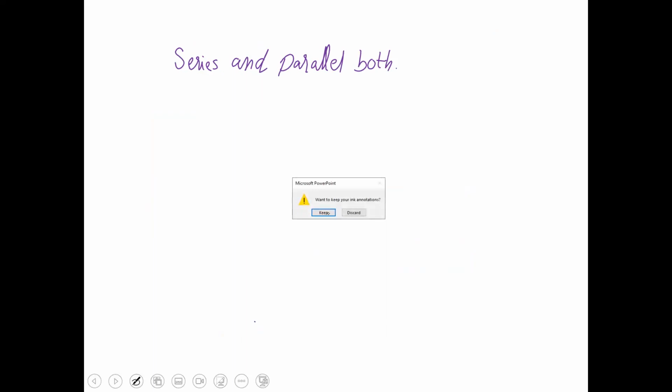Now you have to write under it that capacitors, resistors, and power sources are combined to get the target value.